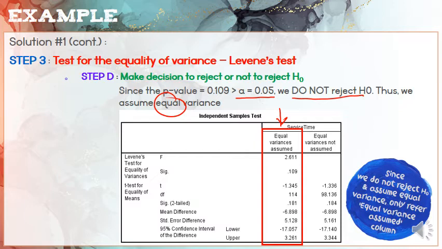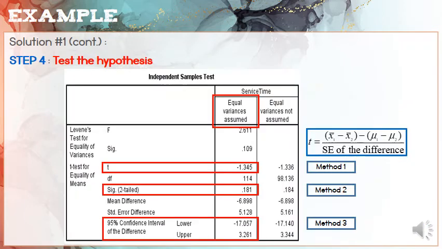Okay, so bila kita dah siap Levene test, baru kita continue balik dengan kita punya hypothesis testing tadi. Ada beza ke? Tak ada beza dengan masa window Wendy's dengan McDonald's. So, kita test our hypothesis. There are 3 methods that can be used to test our hypothesis.